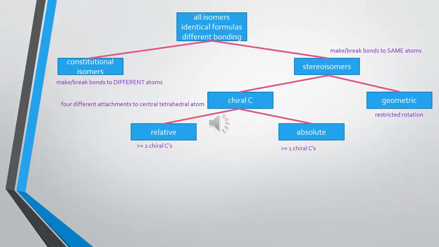Instead, what I'm going to do is give you a functional definition. I'm telling you what actually has to be done to a molecular structure to generate either a constitutional isomer or a stereoisomer of that structure in terms of making and breaking bonds.